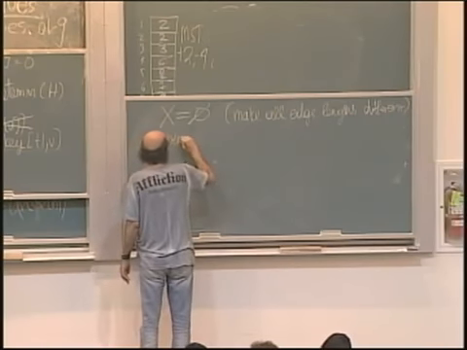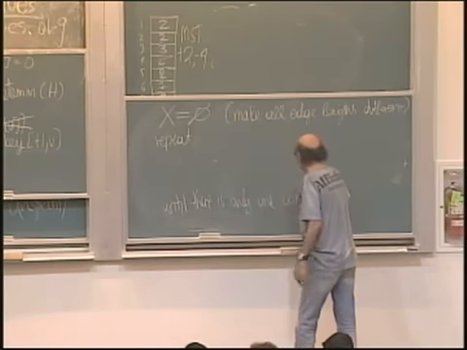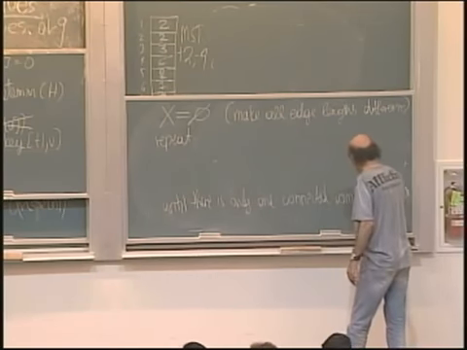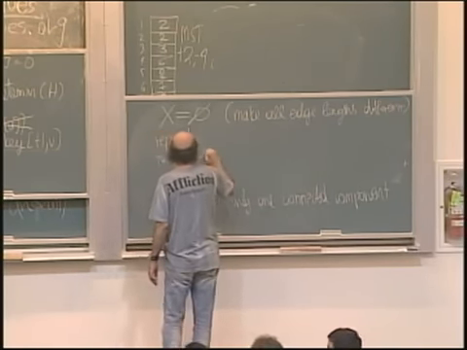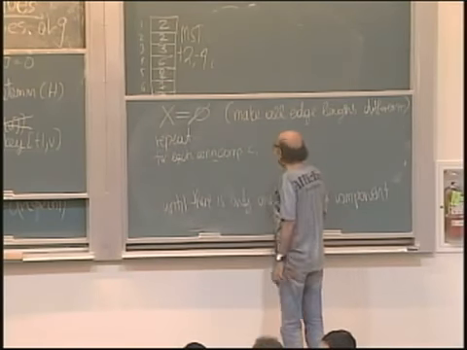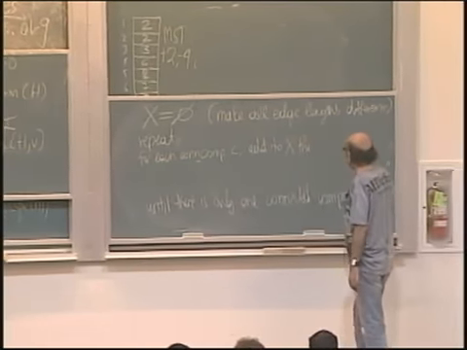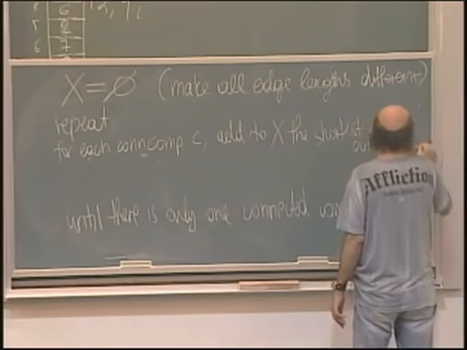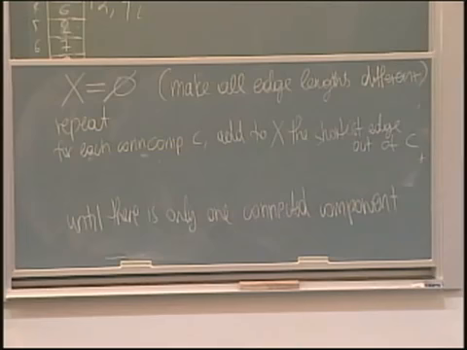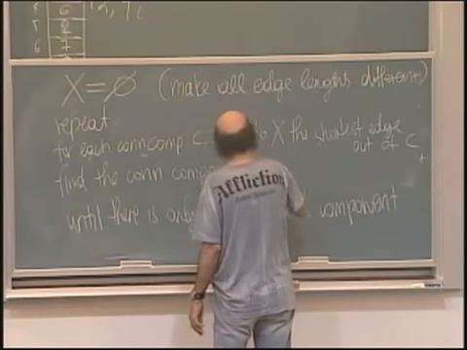Repeat until there is only one connected component: for each connected component C, add to X the shortest edge out of C. And then find the connected components of the new X.